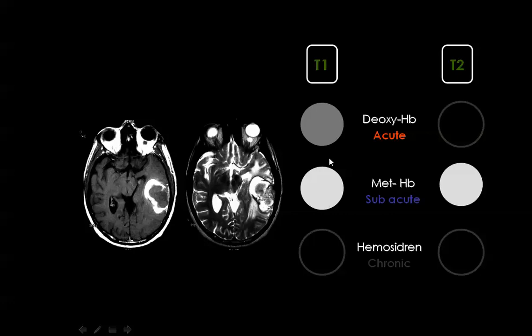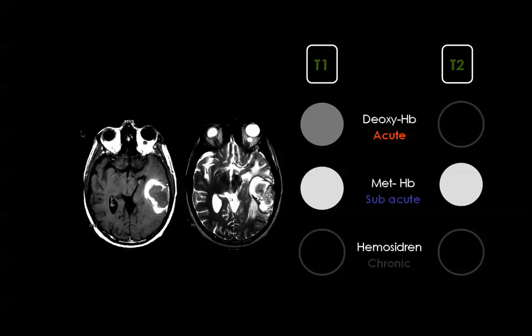Then this acute blood will be surrounded by a zone of subacute blood, which will appear bright in the T1 and also bright in the T2 weighted image. And this subacute blood will be surrounded by a rim of chronic blood, which will appear black in the T1 and black in the T2.